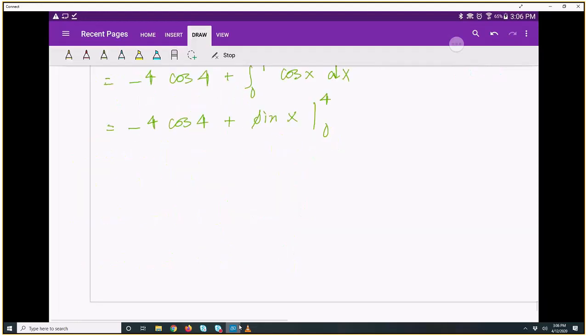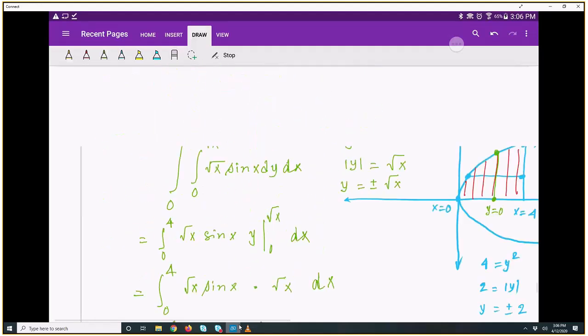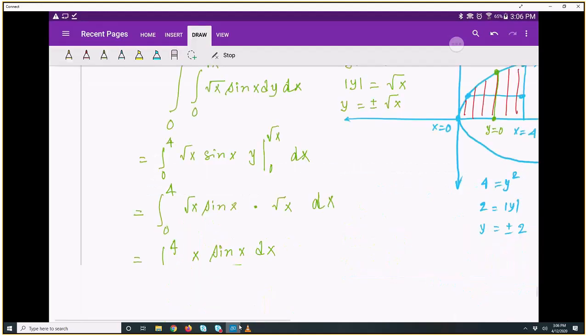Again, sine of 0 is 0, so I'm not bothered about that. Minus 4 cosine 4, and if I put x equal to 4, I get sine of 4. The way I want you to answer this question is, first write this answer as a times cosine b plus c times sine d, then find a, b, c, d and add them. That will be your final answer.